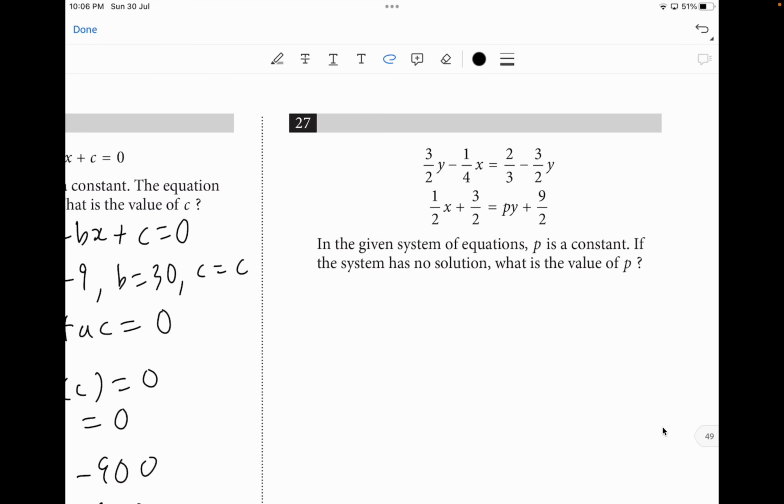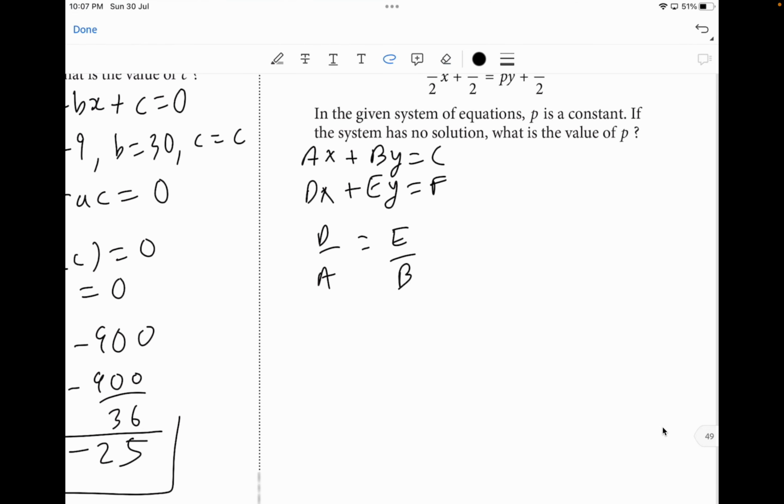The system has no solution only if the lines represented by the equations in the xy plane are parallel and distinct. Lines represented by equations in standard form, such as ax plus by equals c and dx plus ey equals f, are parallel only if the coefficients of x and y in one equation are proportional to the corresponding coefficients in the other, meaning d divided by a is equal to e divided by b.